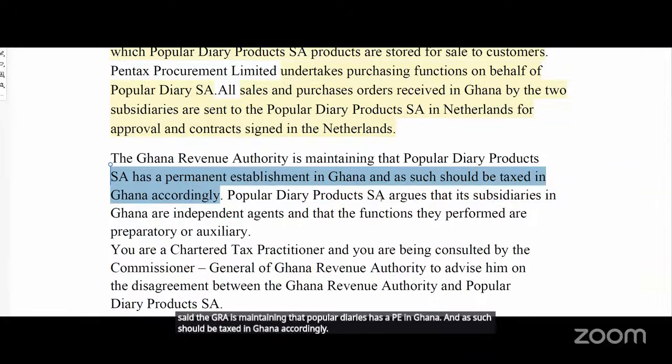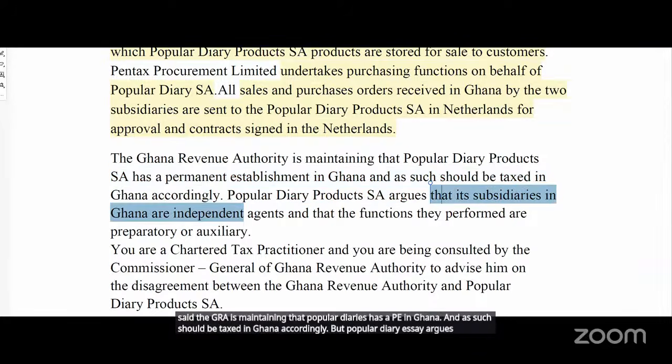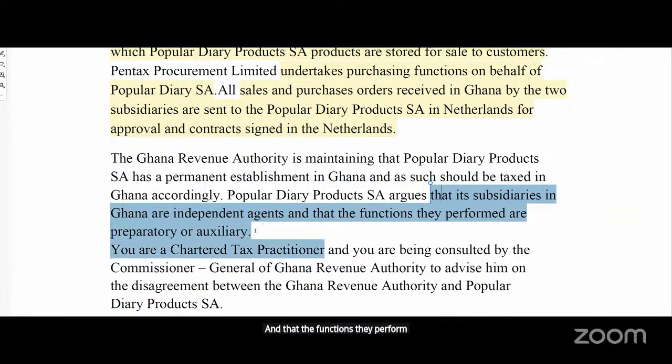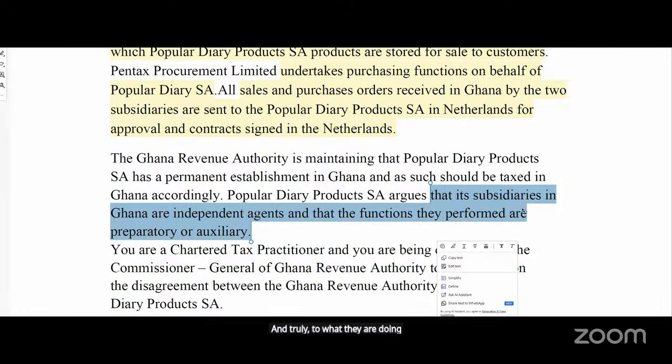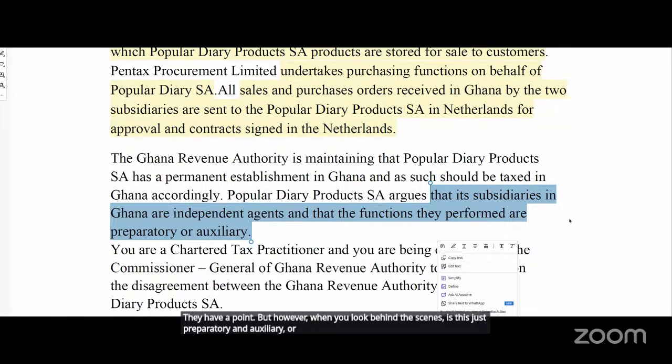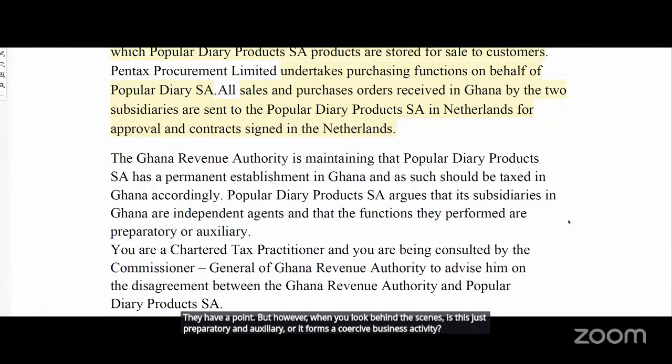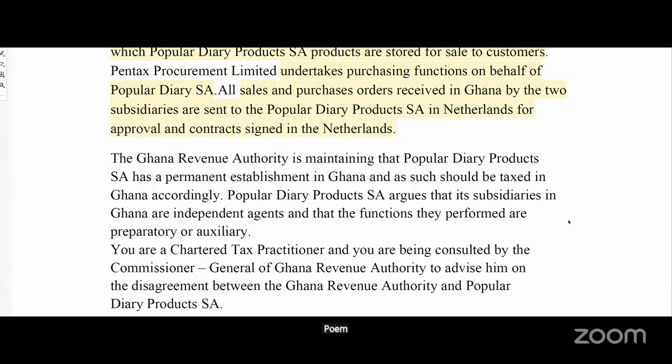But Popular Diary SA argues that its subsidiaries in Ghana are independent agents and that the functions they perform are preparatory and auxiliary. And truly, is what they are doing not preparatory and auxiliary? They have a point. However, when you look behind the scenes, is this just preparatory and auxiliary, or does it form a cohesive business activity? Exactly. It forms a cohesive business activity.